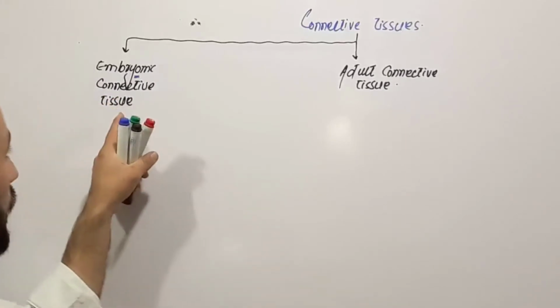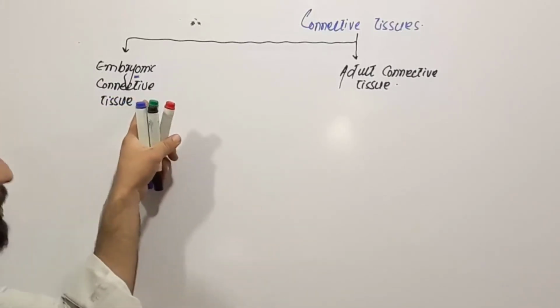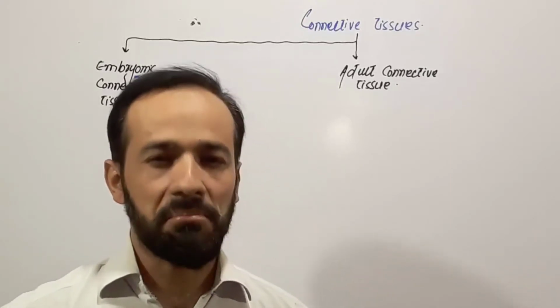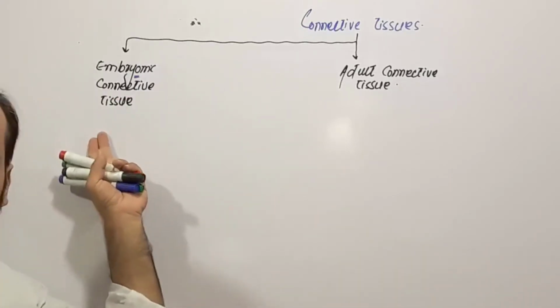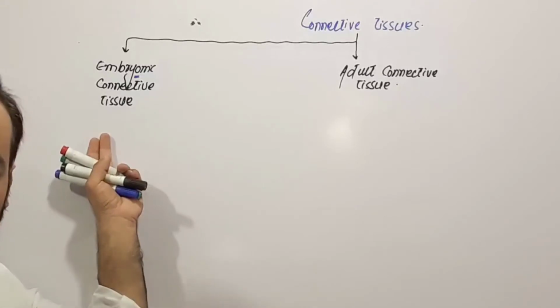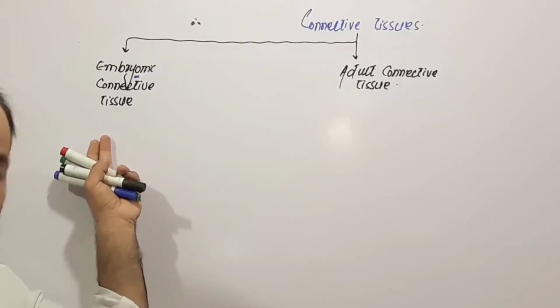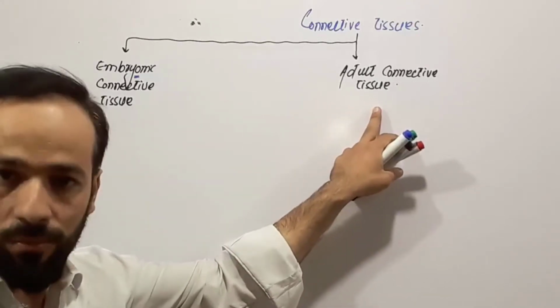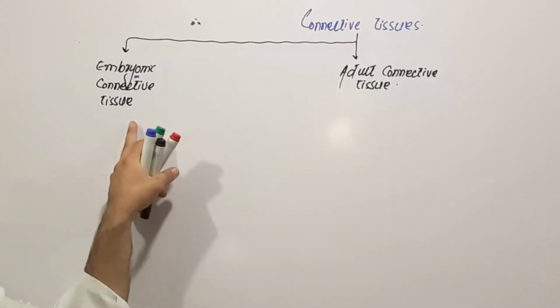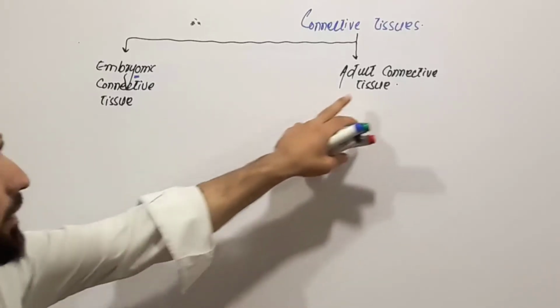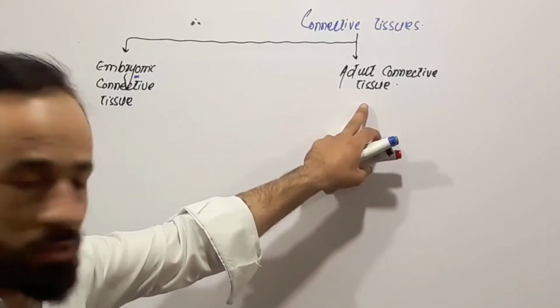Is the embryonic tissue still present in the body? Yes, it is present in the body, but it is not developing anymore. It has done its duty, but it is calm now. It is sitting very silently in our body, and the adult tissues are the functional connective tissue.